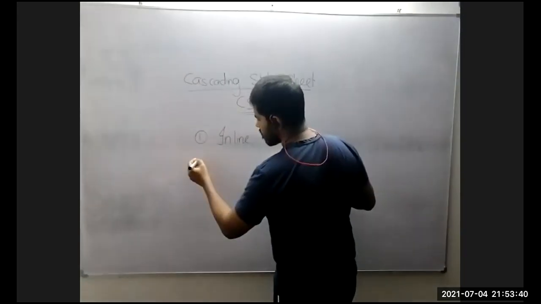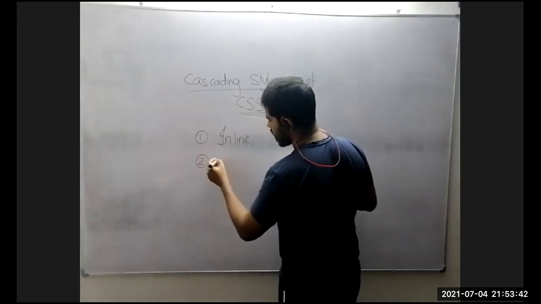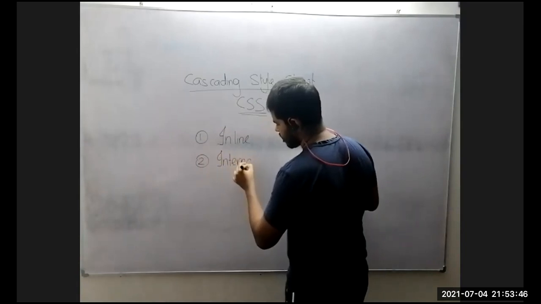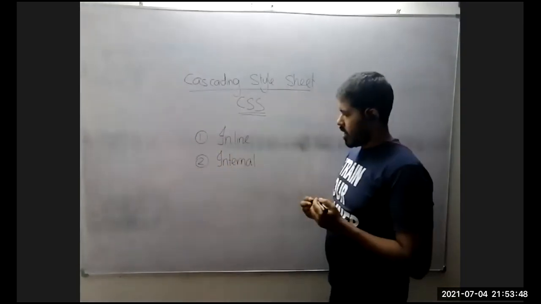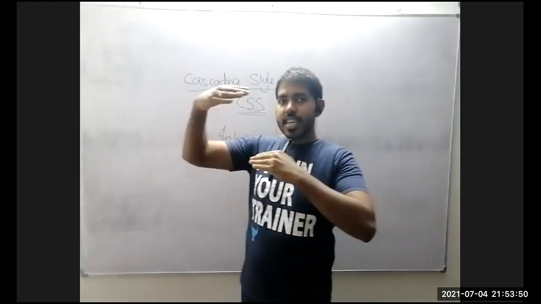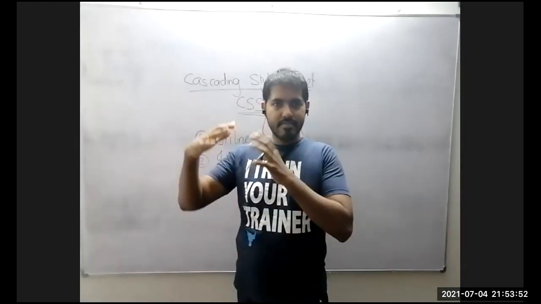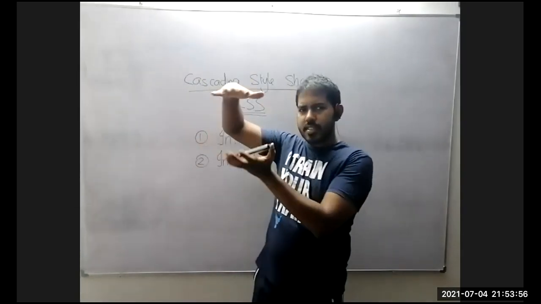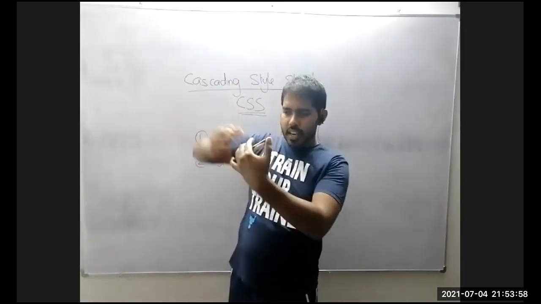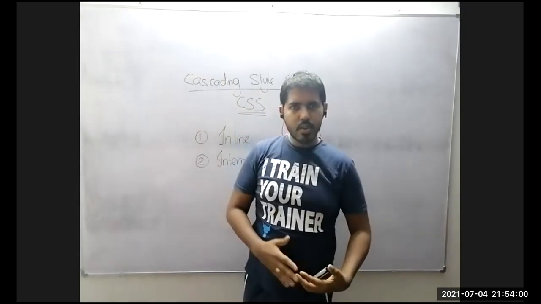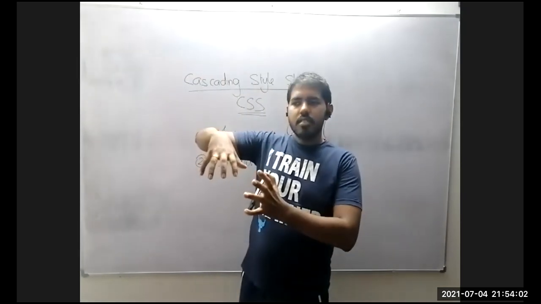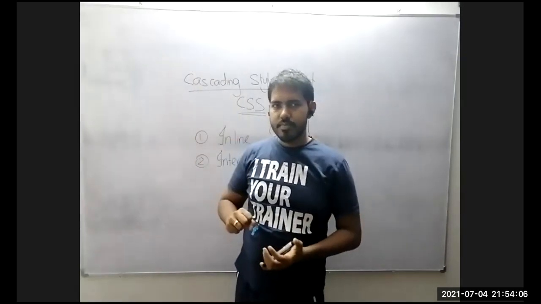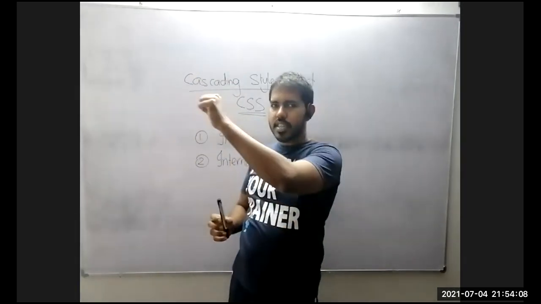The next one, we can use it as an internal CSS code. Internal means we have to write it in the head part, not in the body. We define the CSS in the head, and whatever we write in the HTML code will be modified according to what we have defined in the head.